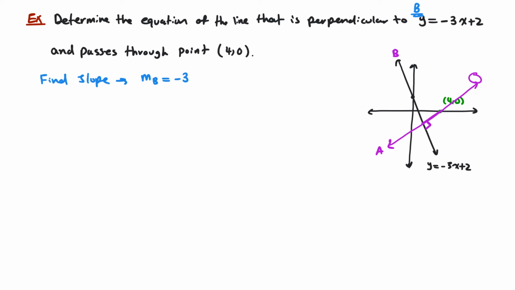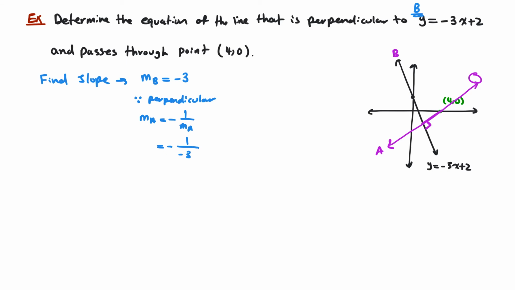And our slope over here, since the lines are perpendicular, is the negative reciprocal of this value. So since perpendicular, mA is the negative reciprocal of mB, meaning that it's negative 1 over negative 3.